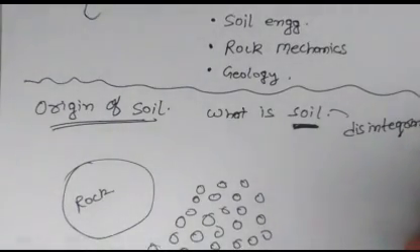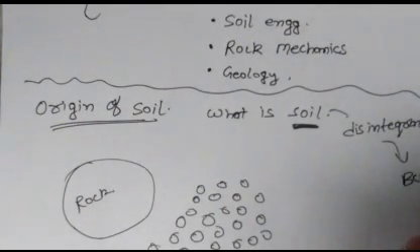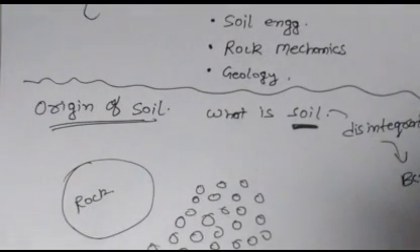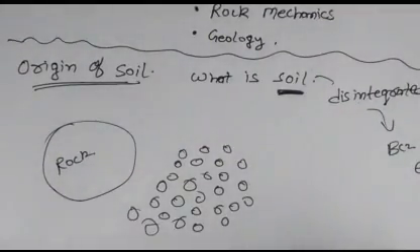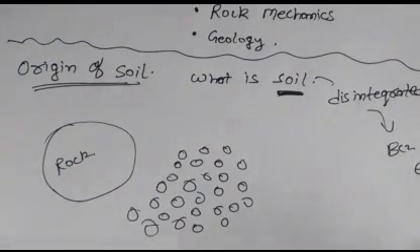Now what are the reasons of disintegrating it? It can be because of erosion. So because of erosion, rock disintegrates and origin of soil takes place. Now there is a very beautiful cycle, a geological cycle, which is like this.